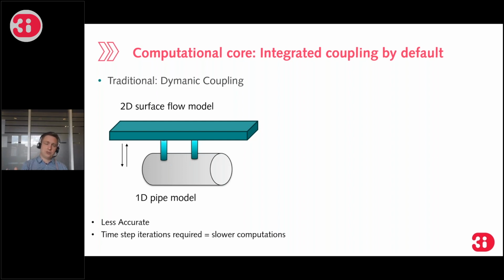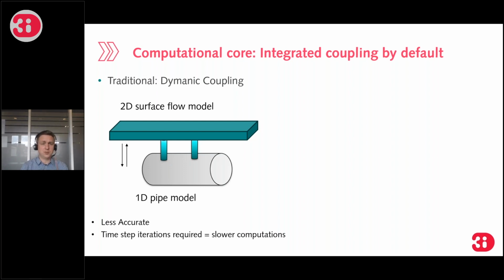If the water is only flowing through the pipes and there's only water flowing on the surface, it's relatively easy, and it can be relatively fast. But the moment you start exchanging water between these two models, then you have to figure out how much water is going to be exchanged between them. And this happens within the software itself. As a user, you might not even know much about this, but what you say, for example, is: I accept a certain accuracy, but I want a speedy model.